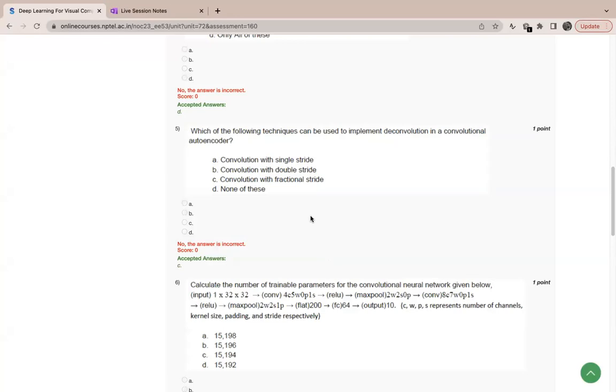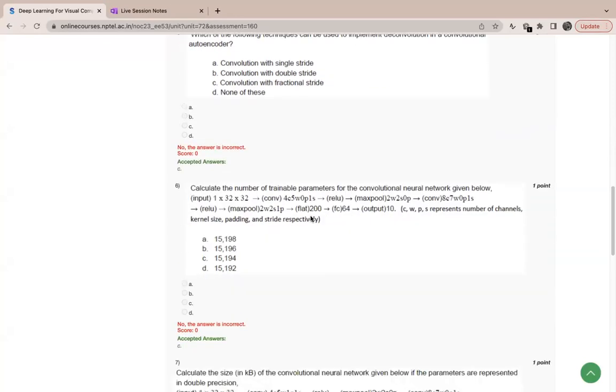Convolution with fractional stride is what we use for deconvolution in a convolutional autoencoder.